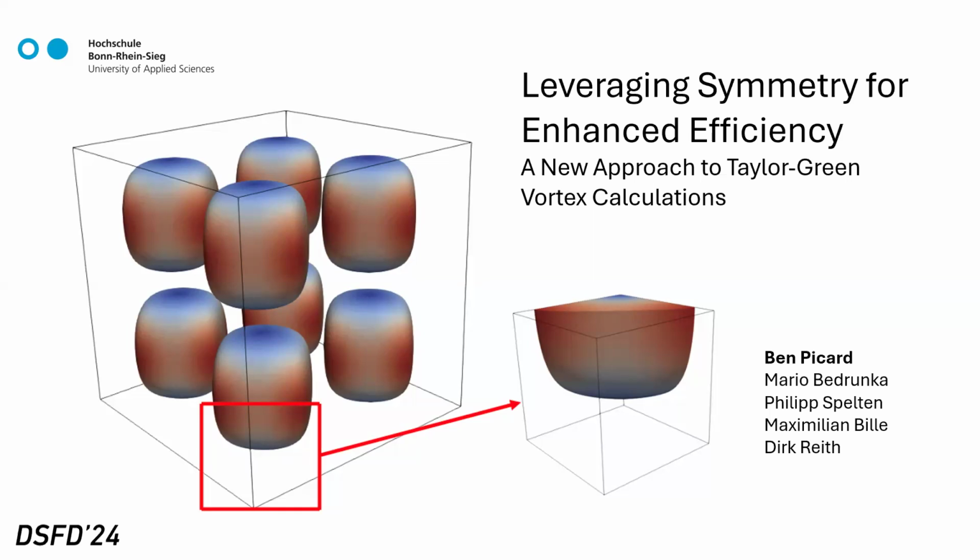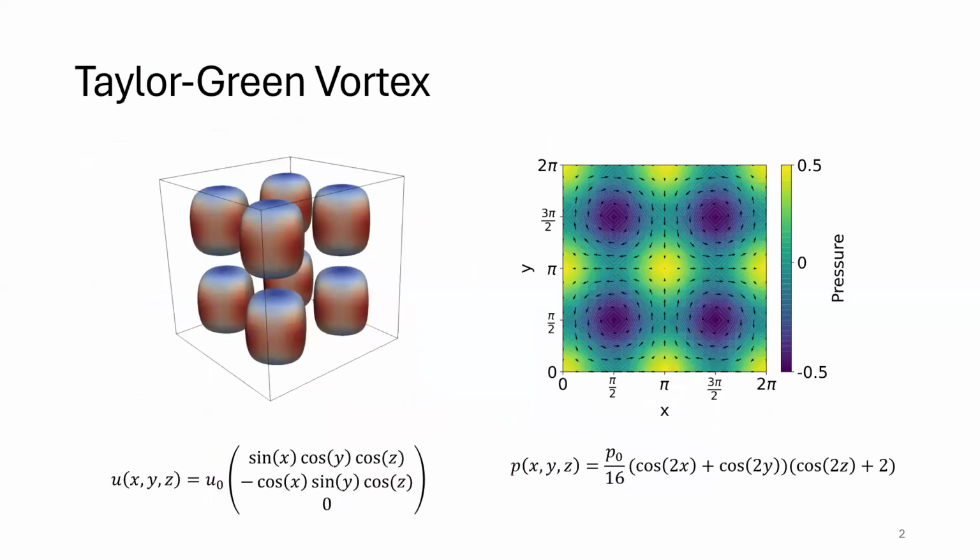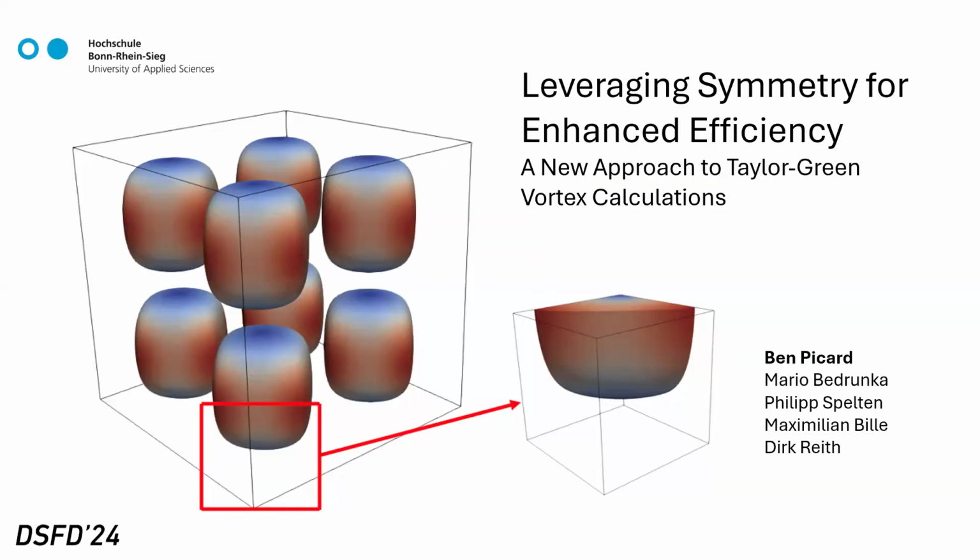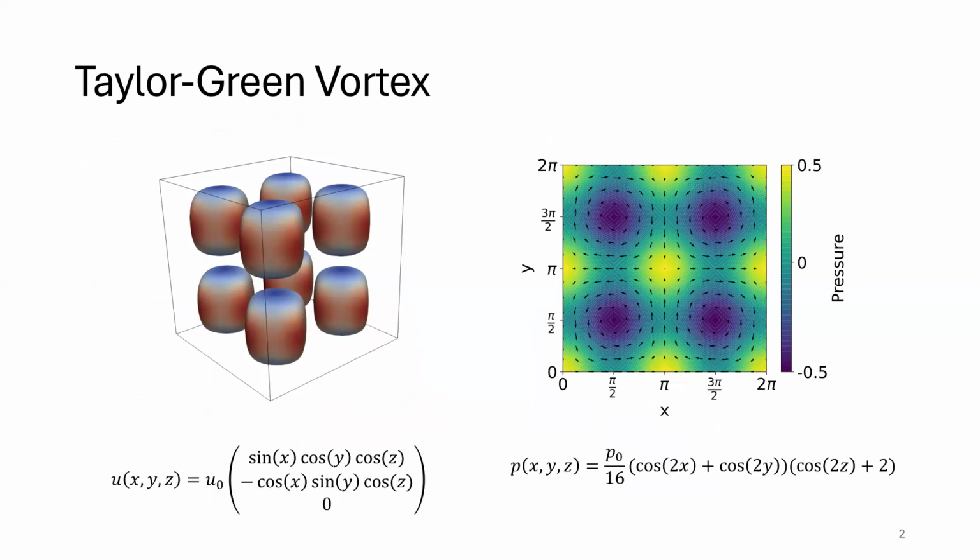So first off, to implement and to test the symmetric boundary conditions, we need a symmetrical flow. In this case, we used the Taylor-Green vortex. So a quick reminder, the Taylor-Green vortex is a 2- or 3-dimensional velocity and pressure field.